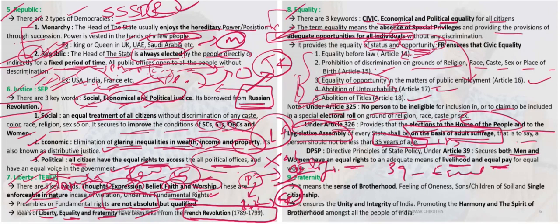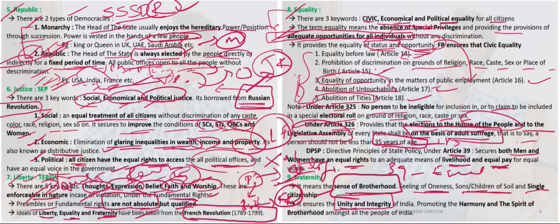Let's see the last objective, fraternity. Fraternity has the sense of brotherhood. It gives the feeling of oneness, sons of the soil, and single citizenship. It ensures unity and integrity.